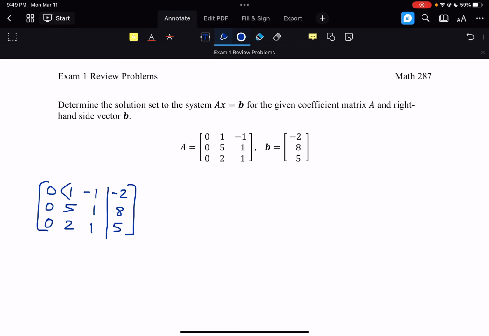Now, notice this one right here, that's going to become a pivot for us. So we need to clear out everything below it. For the first couple of EROs, I'm going to add the first row to the second times -5 to get rid of that 5. And I'll also add the first row to the third times -2.